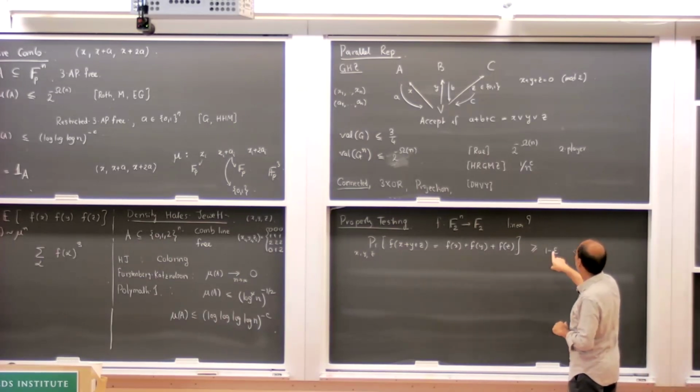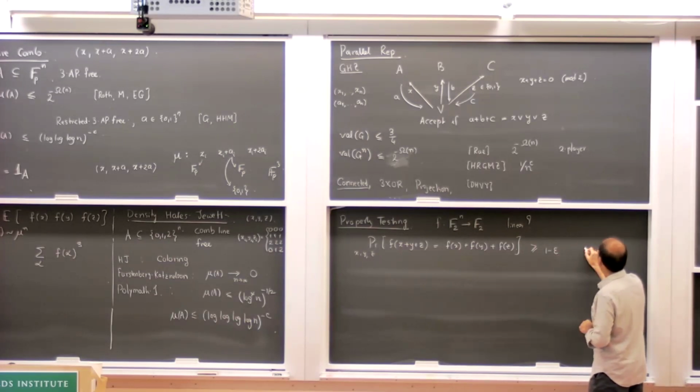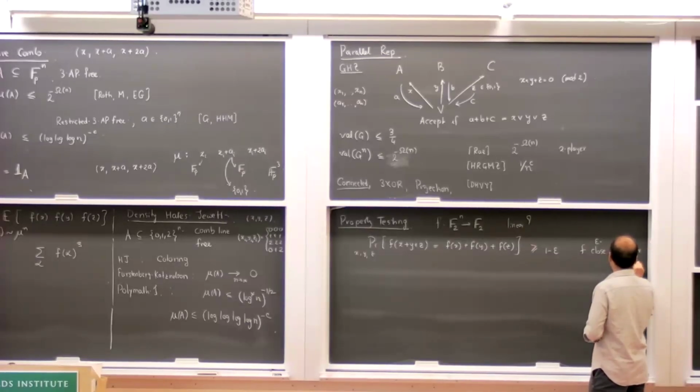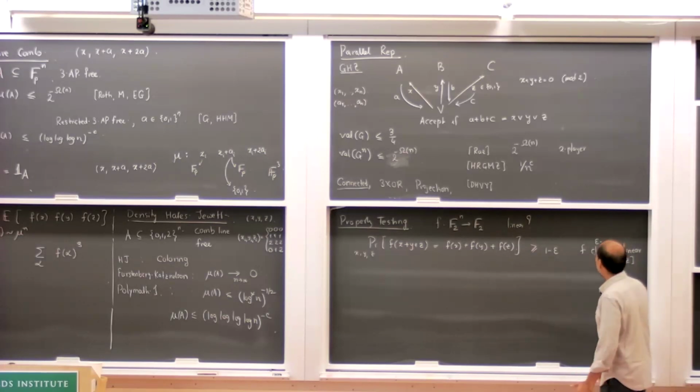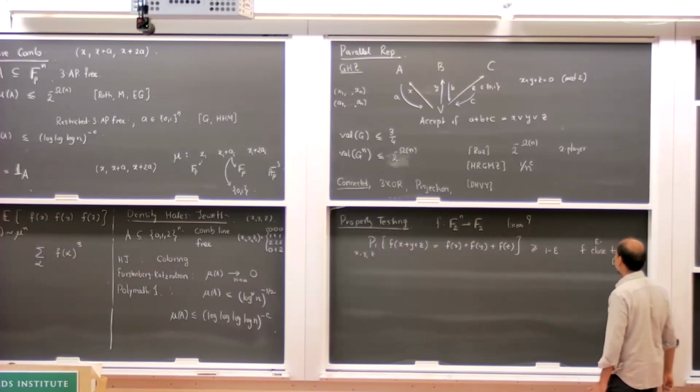If this passes with probability 1 minus epsilon, then f is in fact epsilon-close to linear. This is famously known as the Blum-Luby-Rubinfeld test and analysis. It's very important in probabilistically checkable proofs and some related areas.